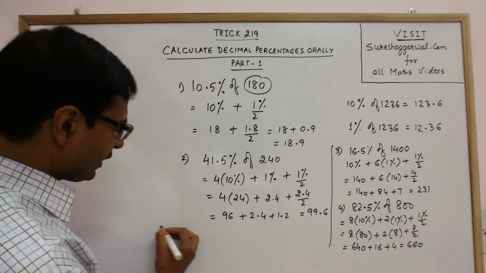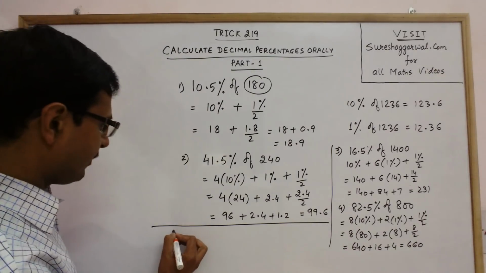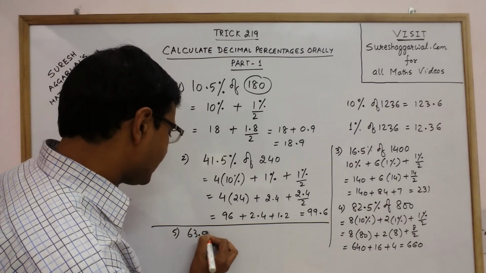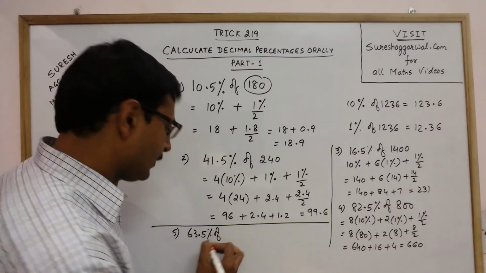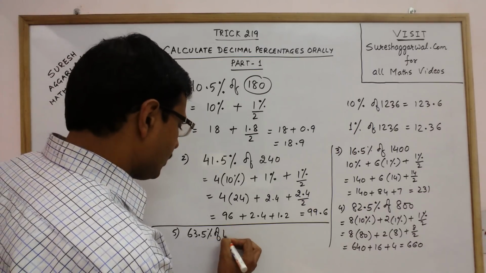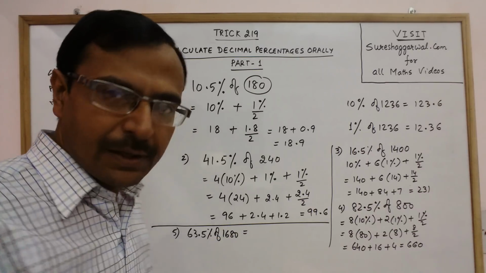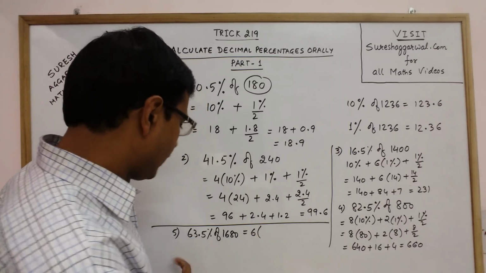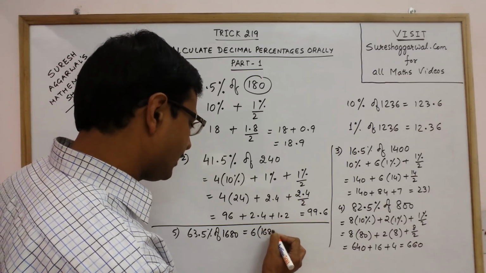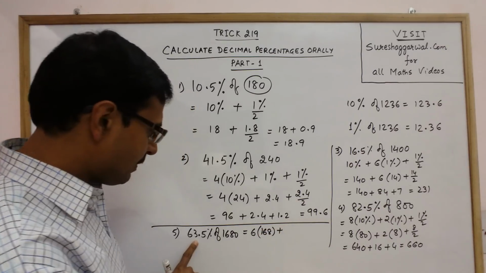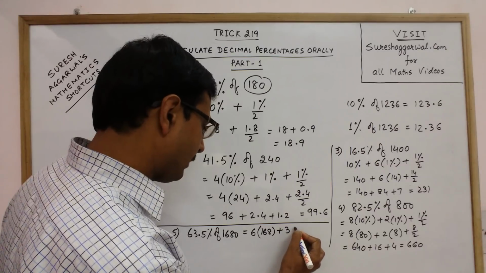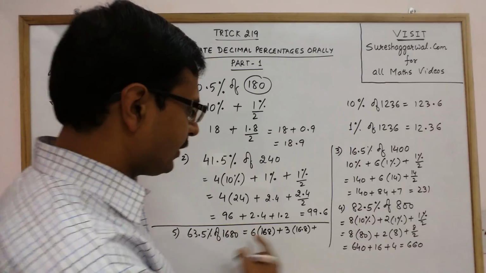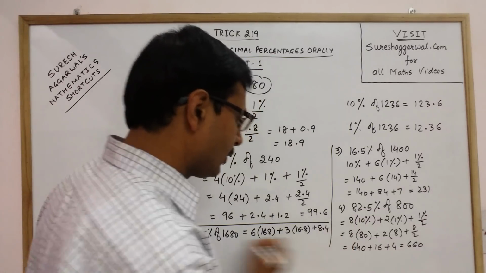Take one more example, then we can conclude this trick. Say we have the fifth example. This time we are taking 63.5% of some number, say 1680. Now see, I will reduce the number of steps. 63, 6 into 10%, 168, plus 3 into 1%, 16.8, and half of 16.8 is 8.4.